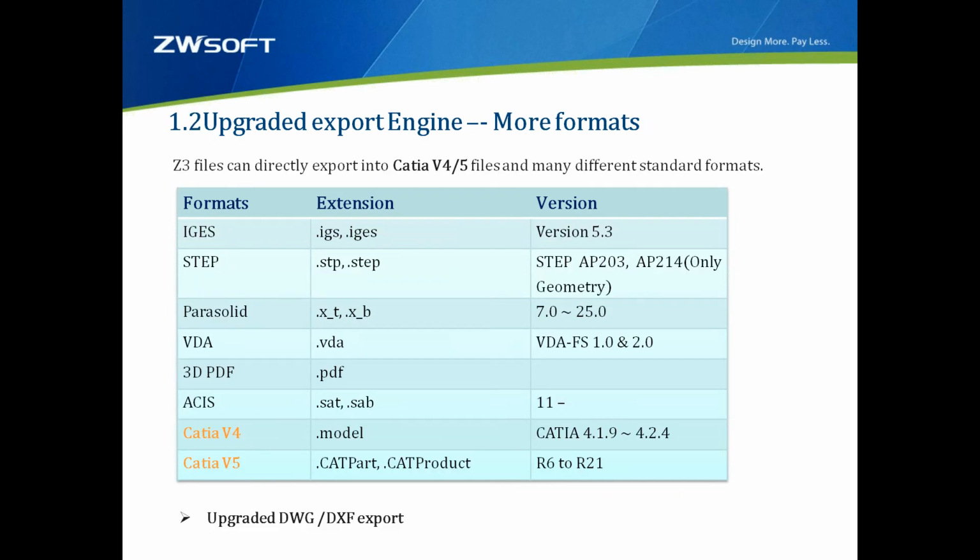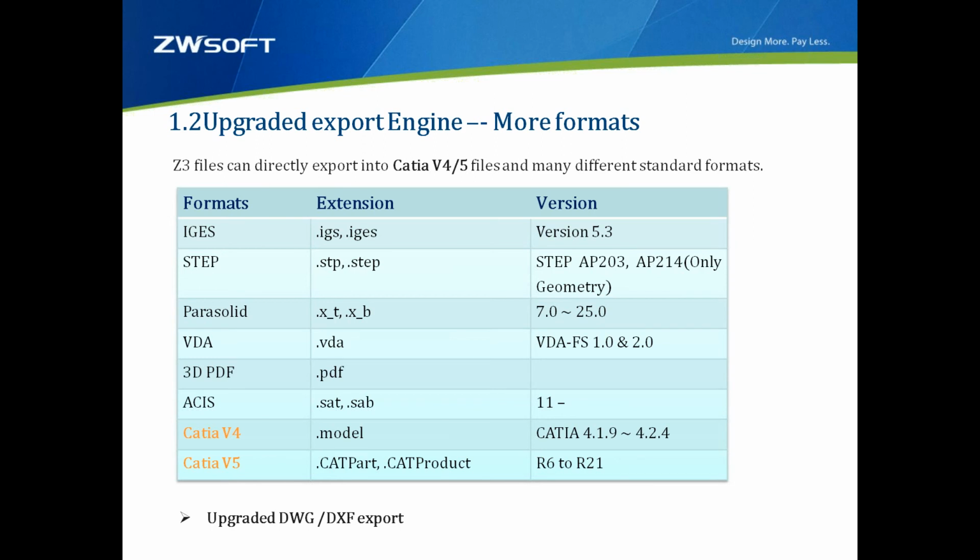This is the first point, about the import. Second is the export. Also, we don't need to install any other application. We can directly export ZW3D files and save them as Parasolid, STEP, or IGES, which are standard formats.